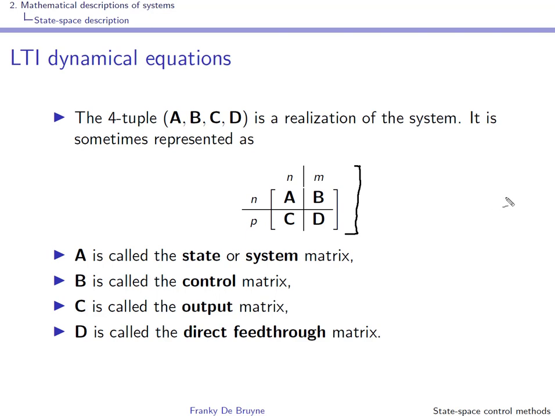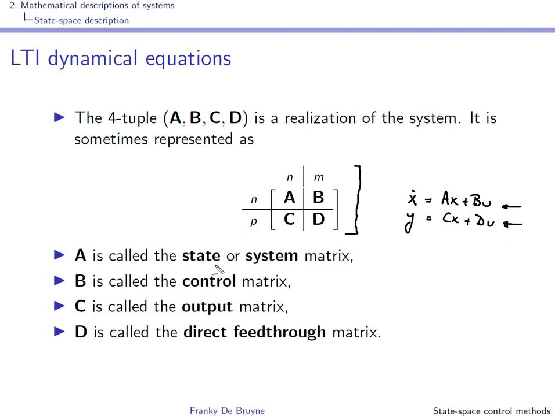Remember the equations that are behind these four matrices. So we have x dot is equal to Ax plus Bu, y is Cx plus Du. So this is a dynamic equation, this is a static equation.